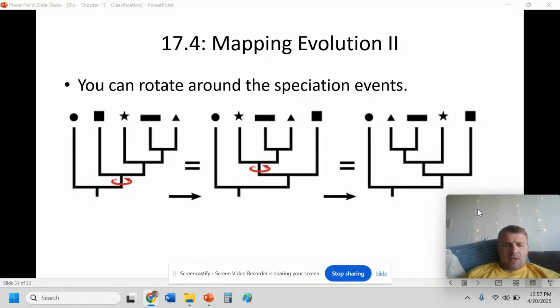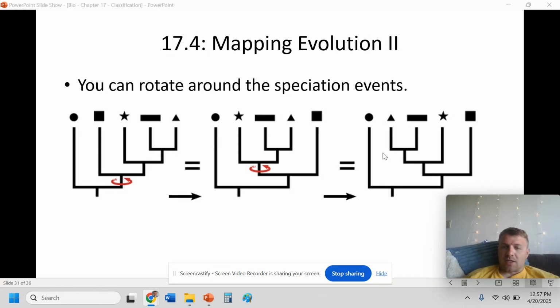One of the things that we have to understand about these cladograms or clades is that the nodes can rotate. These speciation events can rotate. So these trees here are all the same. Even though we have rotated some of these speciation events, they are still the same tree. If you look here, this triangle and this rectangle are still the closest two together.